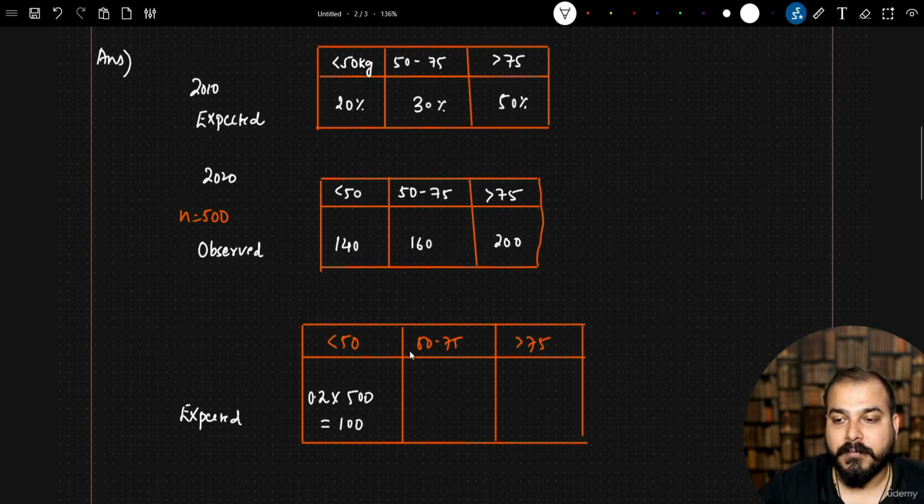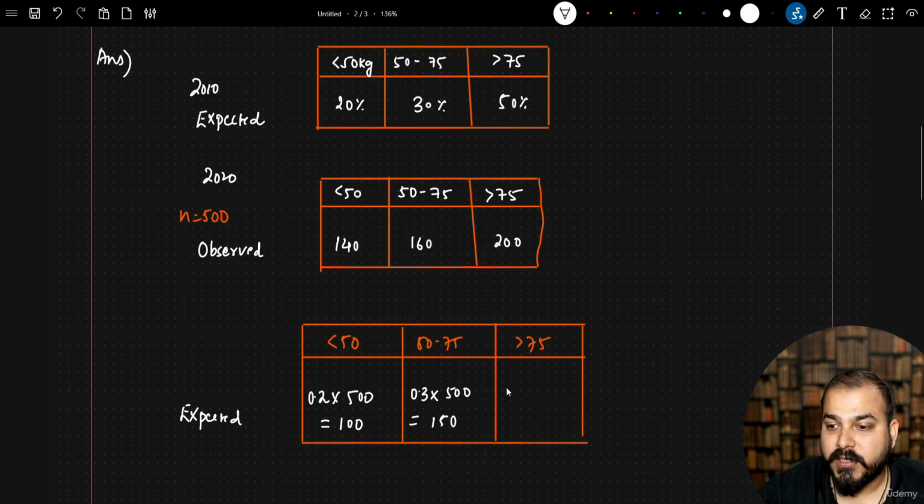Now coming to the next cell, 50 to 75. You can see from the sample 160 is there, but my expected was 30%. So I'll multiply 0.3 multiplied by 500, because my sample size is 500. So here I will be getting 150.